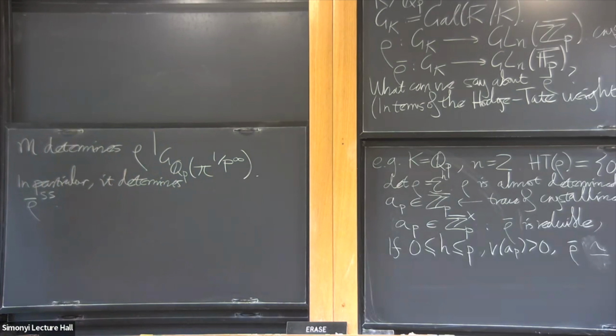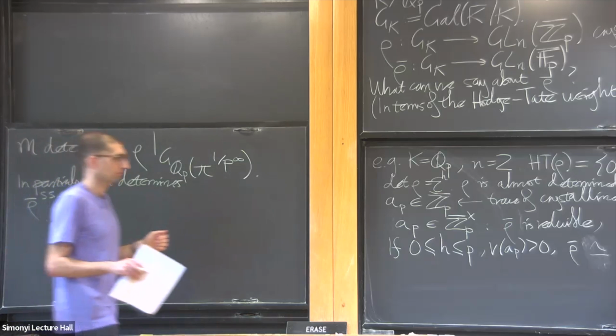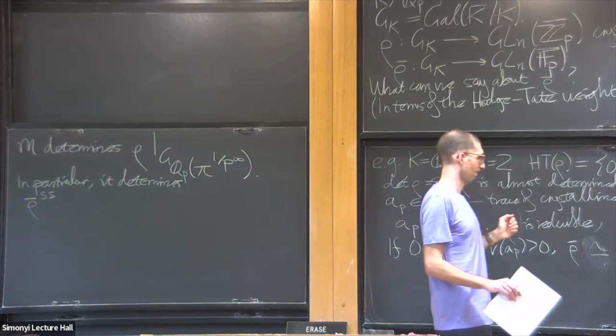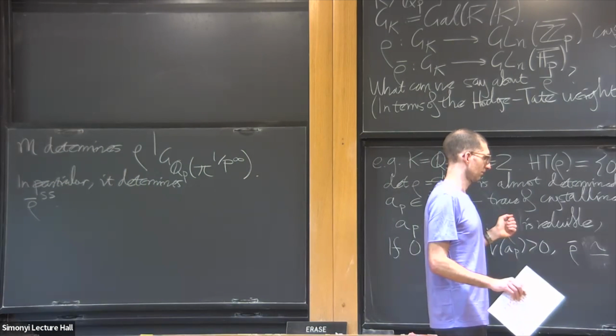Not the semi-simple, not the semi-simplification. A rank 2 irreducible representation might have order divisible by p. Rank 1 it cannot be, but I don't think so.